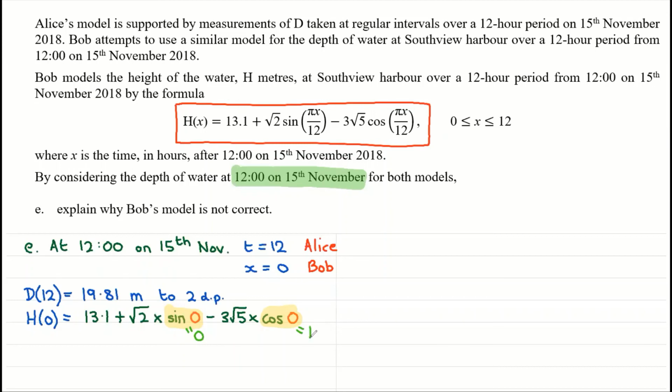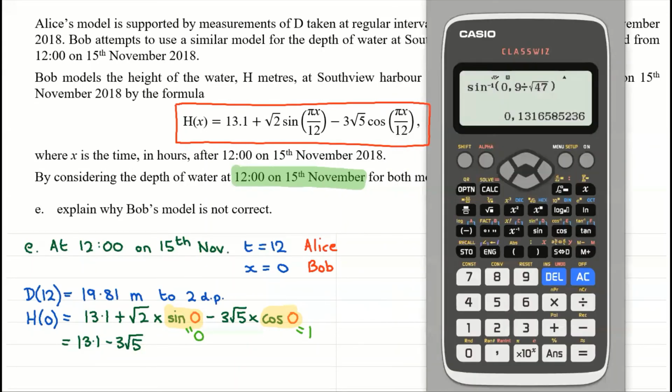Okay, so to get H of 0, it's simply going to be 13.1. Now, the root 2 multiplying 0 is, of course, 0, so I'm just going to be subtracting 3 root 5 from that. And we can see that they are not going to be the same, but we'll just work it out anyway. And we've seen that from the diagram. So if I take 13.1, subtract 3 multiplied by the square root of 5, what do we get?